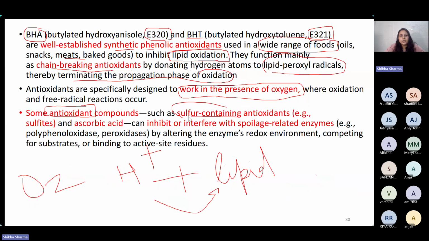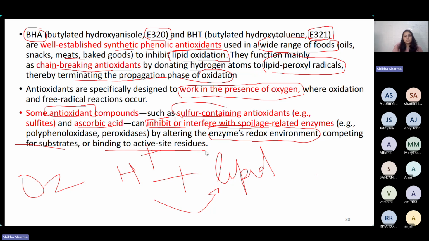Whereas sulfur-containing antioxidants, which are sulfites, and ascorbic acid actually interfere with spoilage-related enzymes like polyphenol oxidase and peroxidase by altering the enzyme's redox environment, sometimes competing for the substrate and binding to the active site residues.